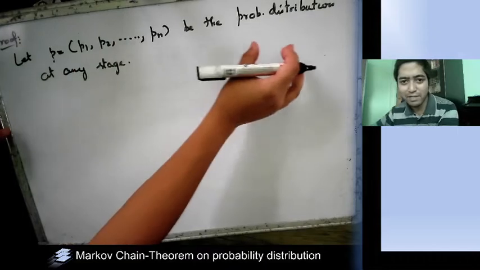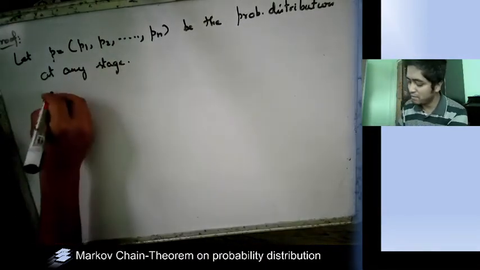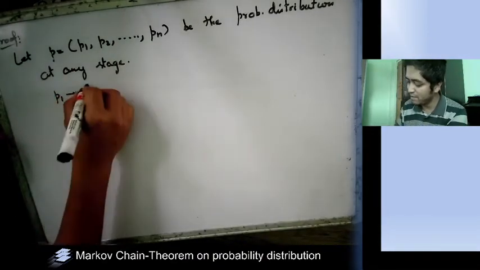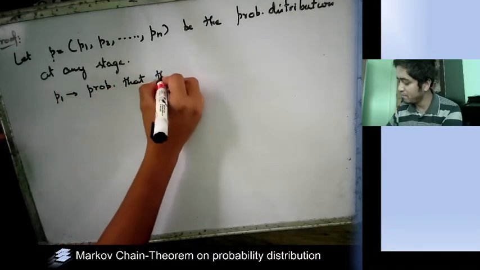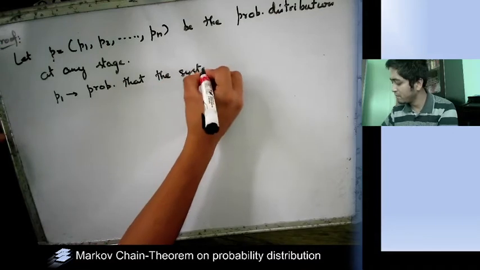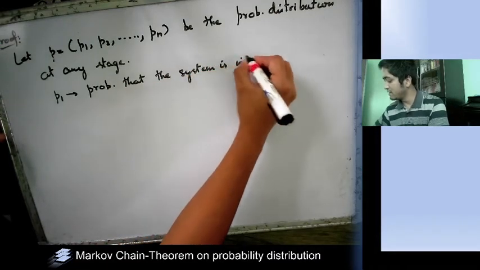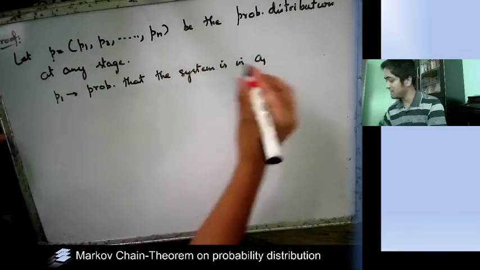If this is the probability distribution at any stage, it means that P1 is the probability that the system is in A1 at that stage.